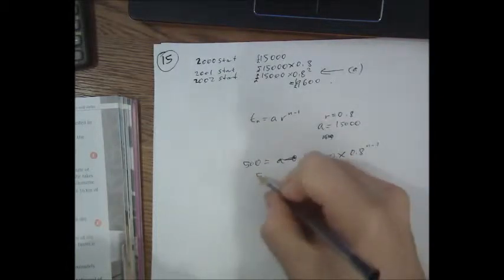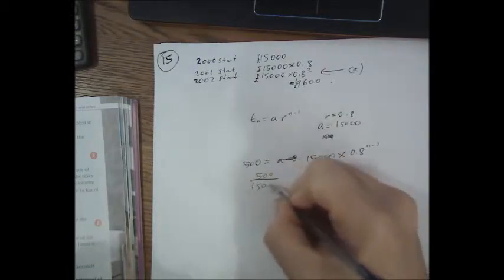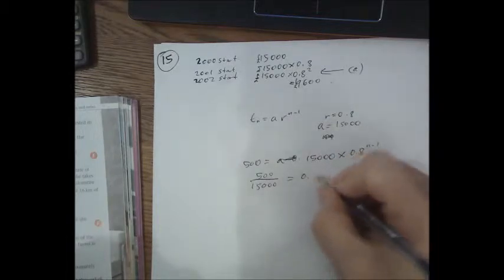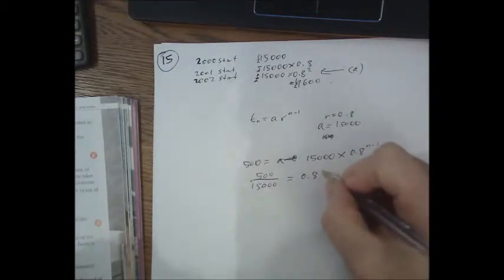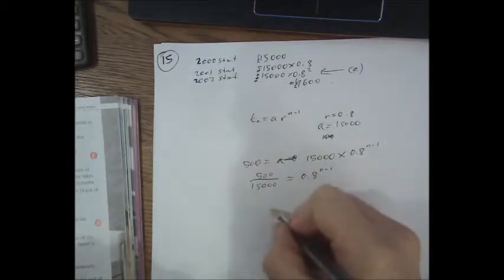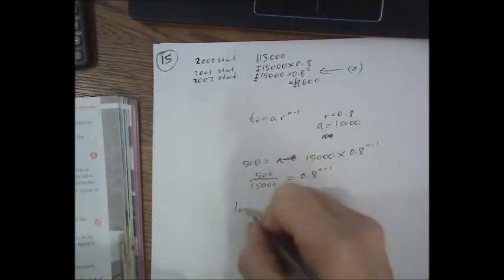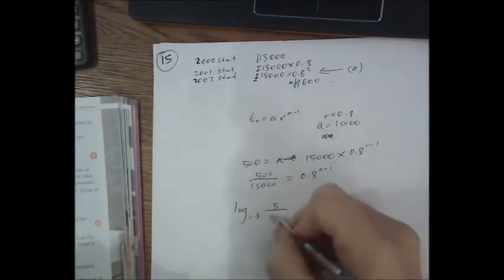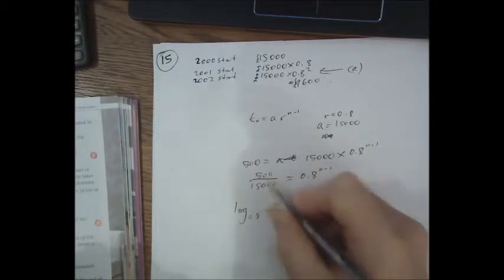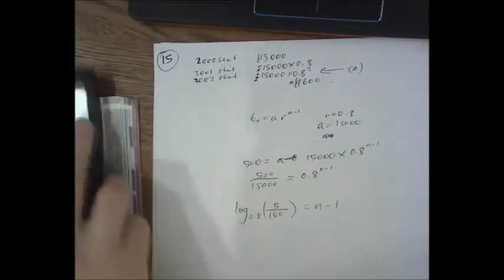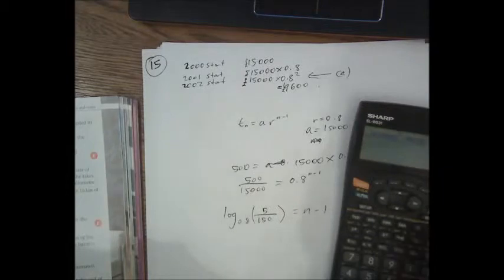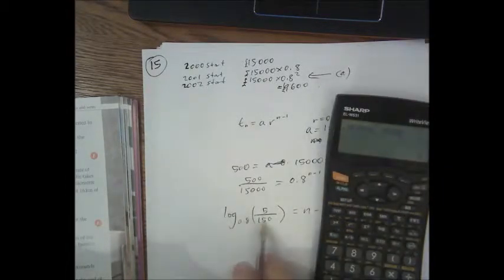So 500 over 15,000 equals 0.8 to the power of n minus 1. So the power you have to put on a 0.8 to get 5 over 150, which is the cancelling of this, is n minus 1. So I type that into the calculator. This calculator doesn't have a log button. I need to use a log 10.